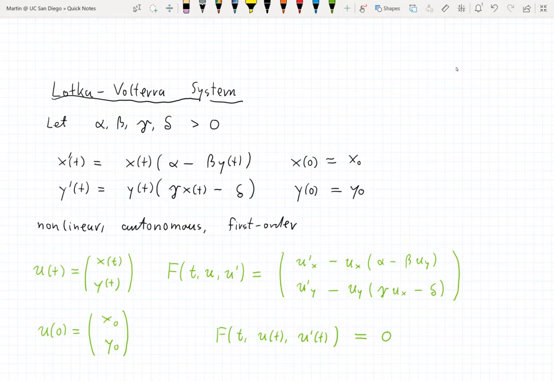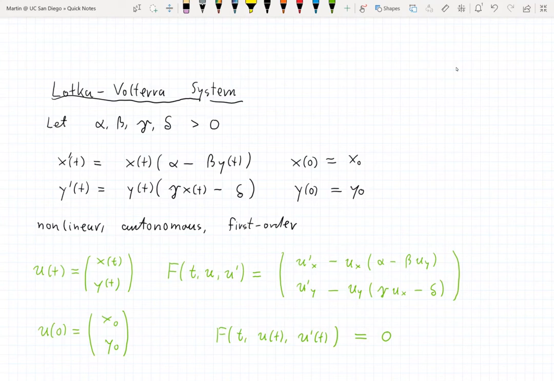And the ordinary differential equation can be written as f of t, u of t, u prime of t equals 0, where f of t, u, and u prime is the following vector, namely the first component is u prime x minus ux times, in brackets, alpha minus beta uy, and the second component is u prime y minus uy times, in brackets, ux minus delta.